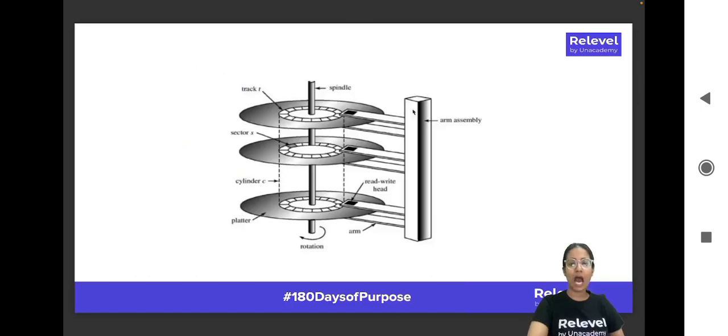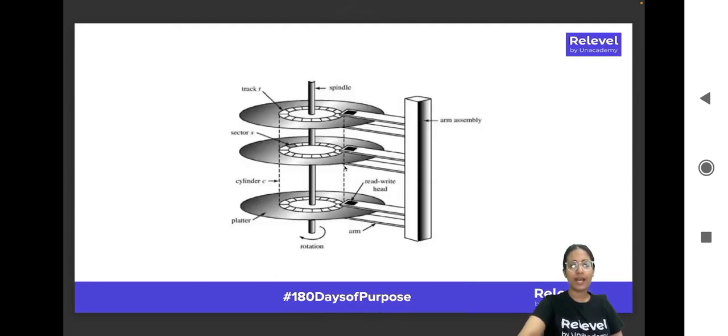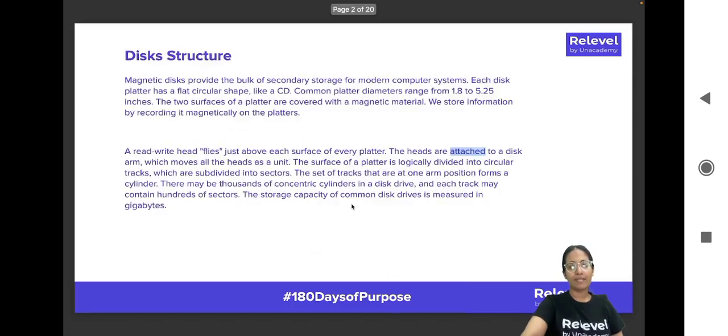You can see this arm assembly: for every platter there is a read-write head on top of it, flying over the platter. The heads are attached to the disc arm, which moves all the heads as a unit.